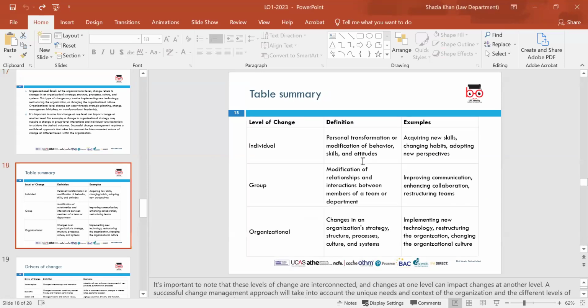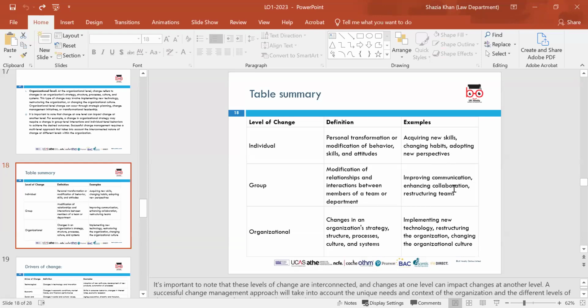So the table here looks at individual, group, and organizational. The definition for individual is personal transformation or modification of behavior, skills, and attitude. The examples, as we mentioned, are acquiring new skills, changing habits, adopting new perspectives. For group, it is modification of relationships and interactions between members of a team or department.